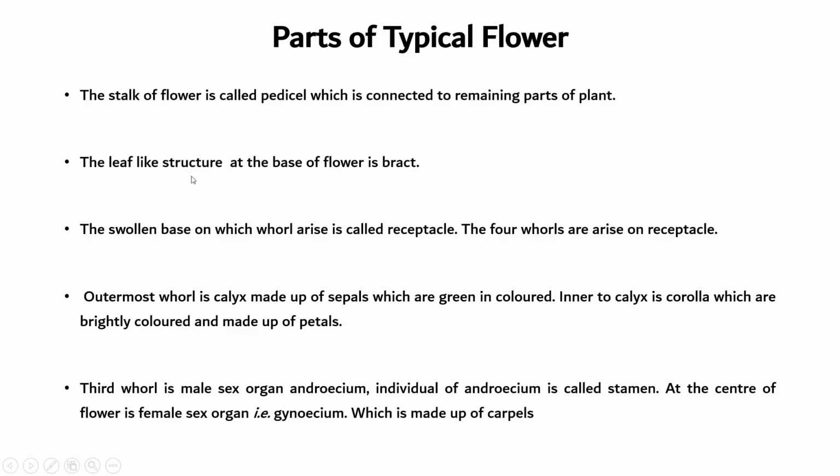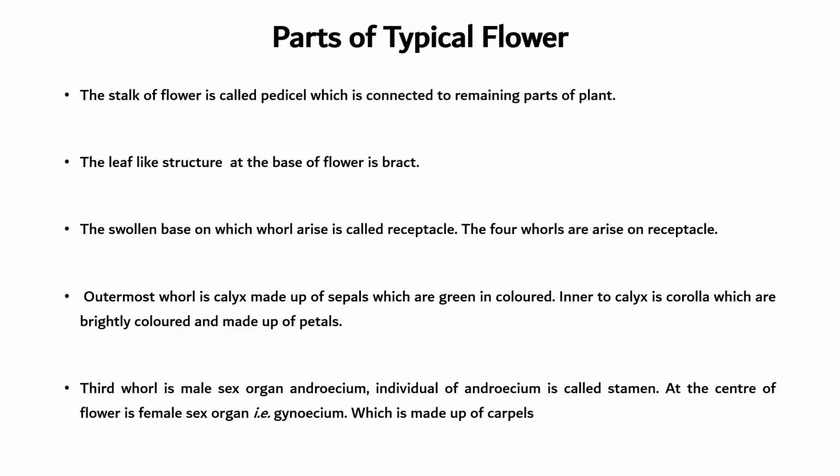Now the second part of the flower is the bract. It is a small leaf-like green structure present at the base of the flower. It is called bract. If bract is present, that flower is called bracteate. And in some plants, the small leaf-like structure is absent. They are called ebracteate flowers.